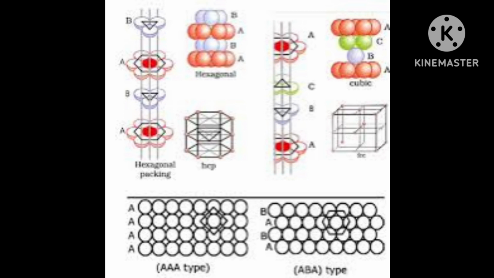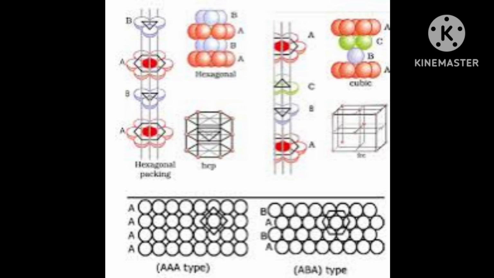In an ionic solid, the bigger ions, usually anions, form the close packed structure, and the smaller ions, usually cations, occupy the voids. Because it is small, it can enter into the voids. Keep in mind, this is very, very important.